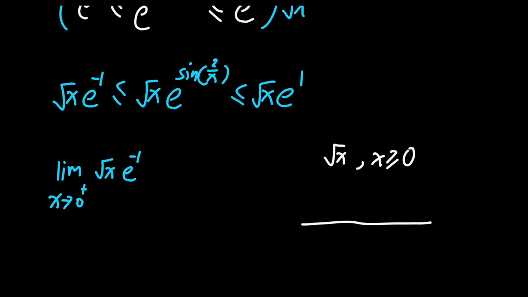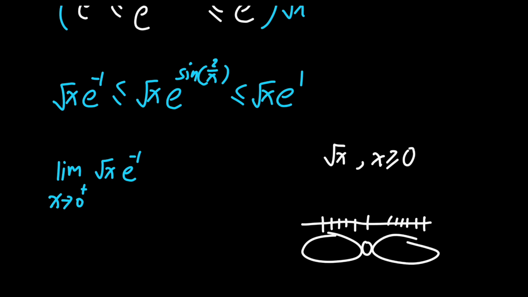So let's say here's a 0, and here are some negative values approaching 0 from the left-hand side. So the only option for us is this value from the right-hand side. They are positive, so that's why we put this plus sign here.